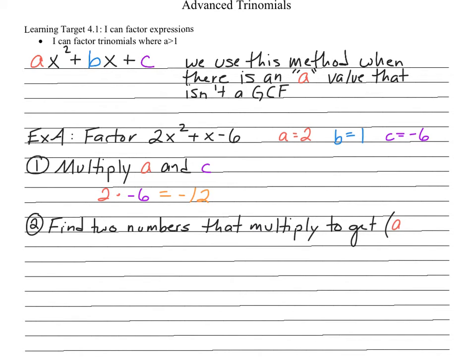In this case it's negative 12, but I'm just writing a generic step here. What two numbers multiply to get that A times C combo and add to get B. So it's really similar in concept to the other factoring trinomials, but we have this step ahead that is multiplying the A and the C.